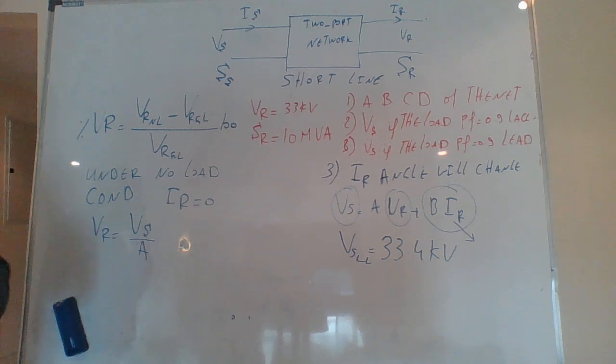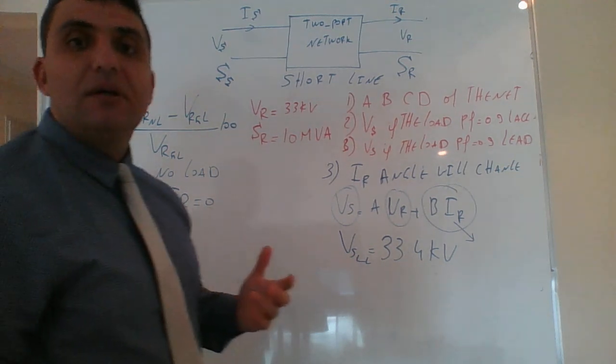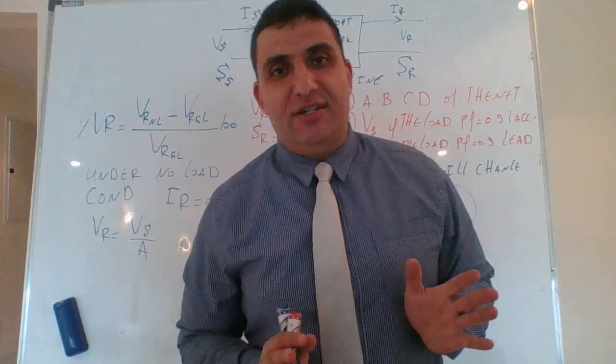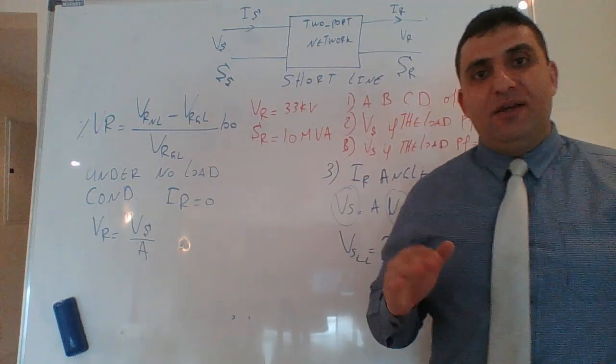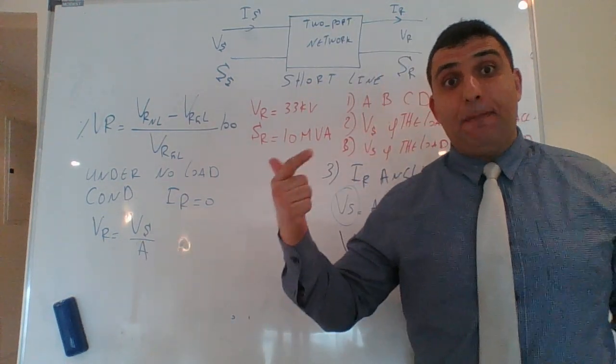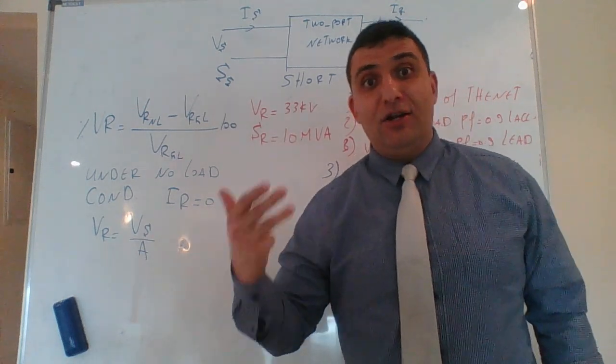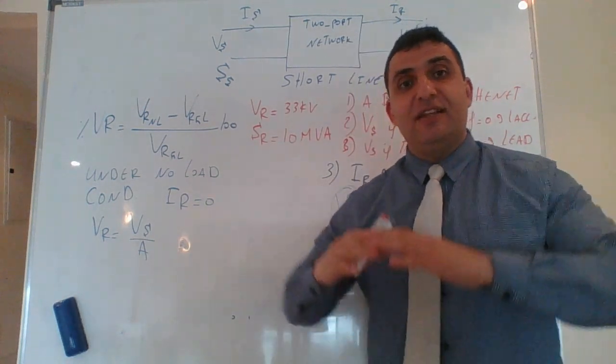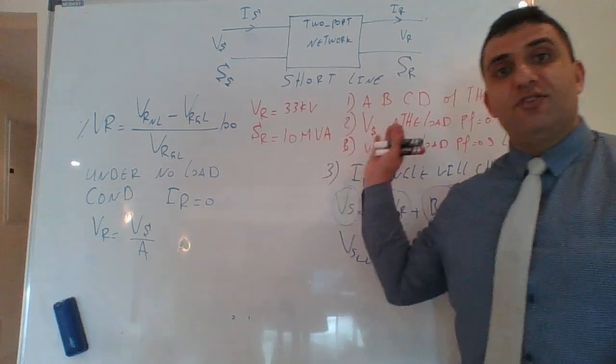Before we finish this mini session, remember, we are going to do multiple sessions to cover short line, medium line, long line, lossless line, to cover the entire transmission line model.